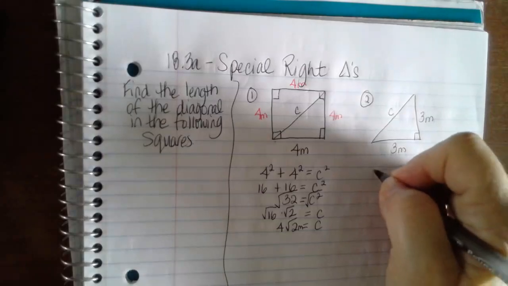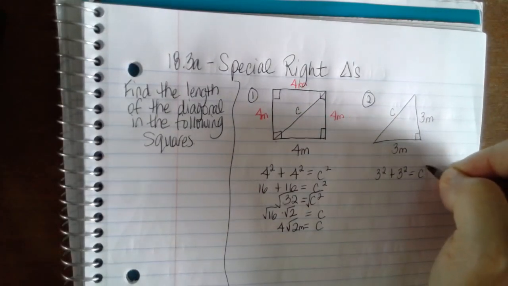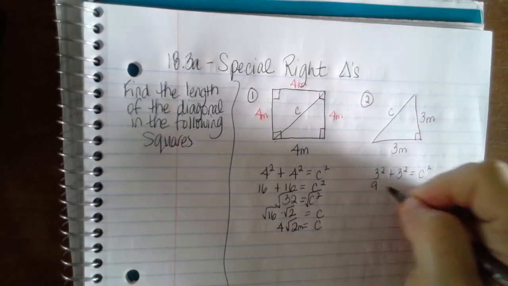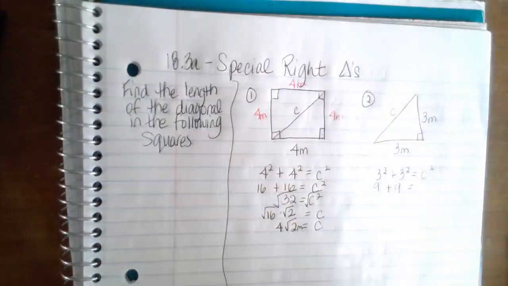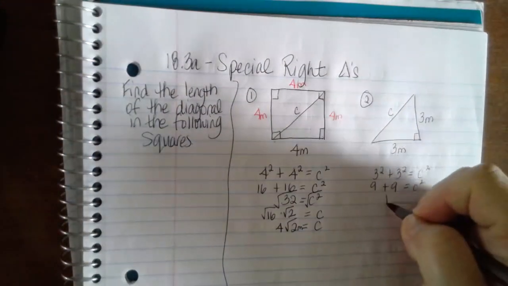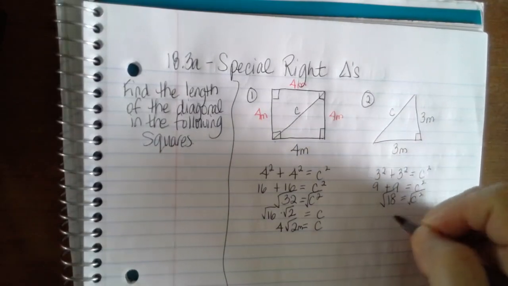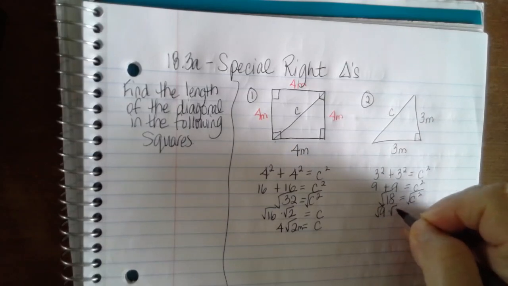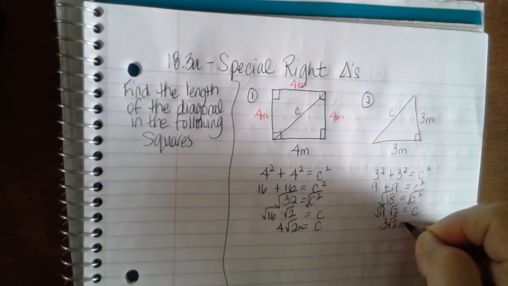So then if I use the Pythagorean theorem here, I get 3 squared plus 3 squared equals c squared. 9 plus 9 equals c squared. 18 equals c squared. Take the square root. 18 is square root of 9 times 2. So then we get 3 square root of 2 meters.